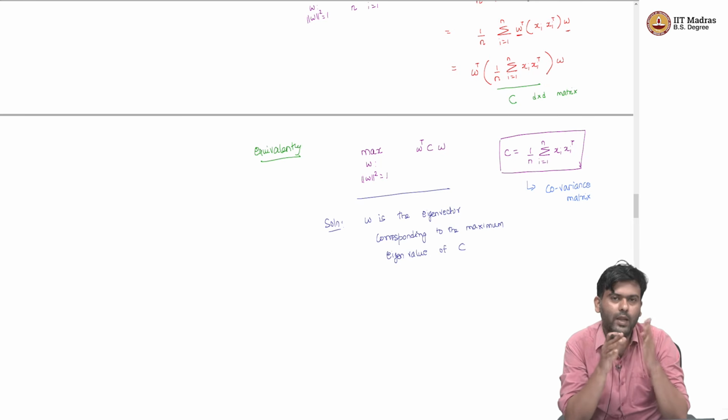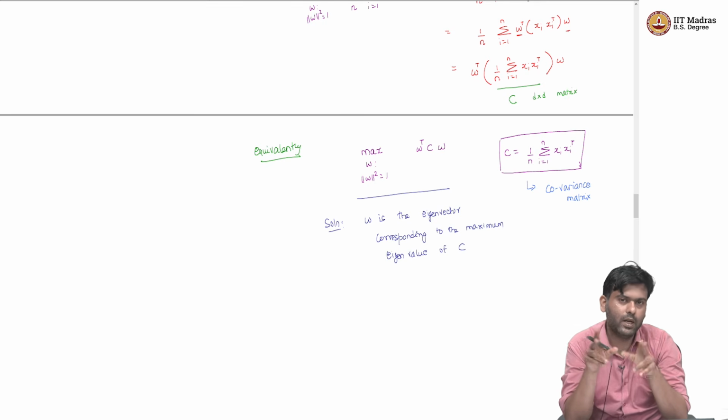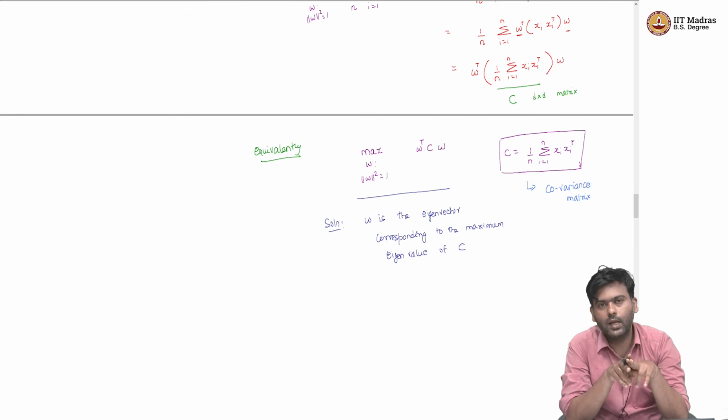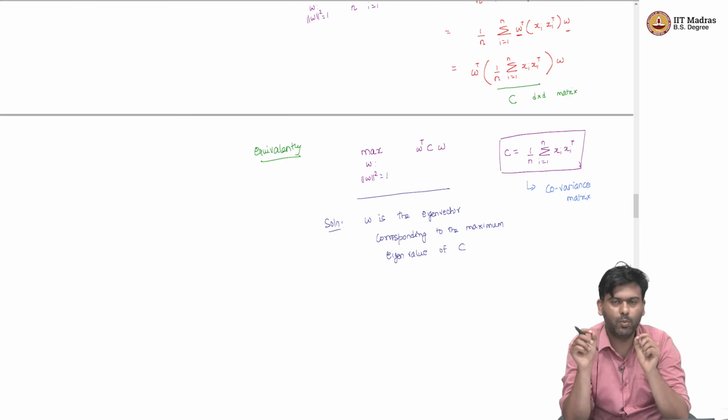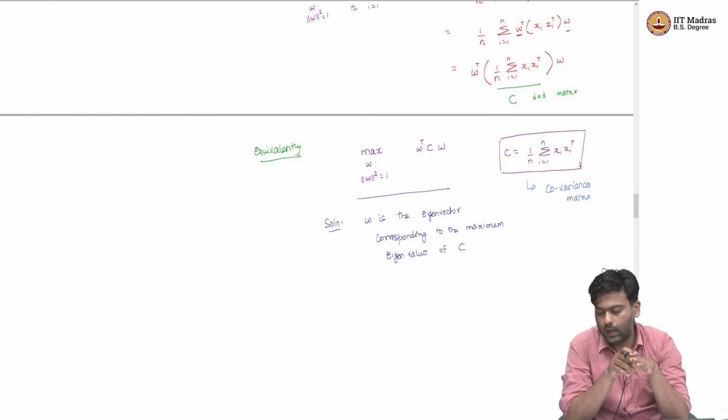Basically, your line which best represents the data in terms of minimizing reconstruction error is the same as the line which maximizes W transpose C W, where C is the covariance matrix, and this line is given by the eigenvector corresponding to the maximum eigenvalue of the covariance matrix.